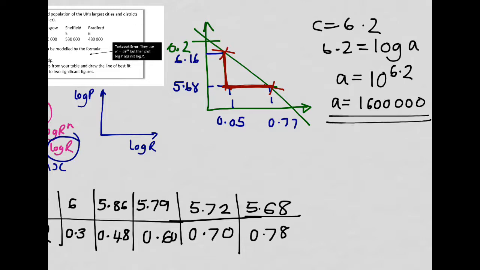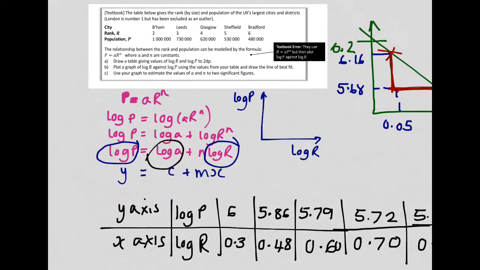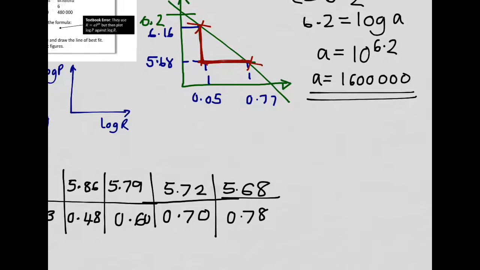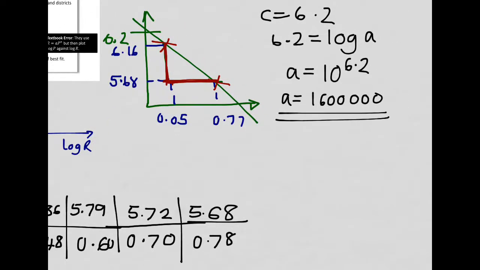We've worked it out. Now we want to go on, and the other thing we need to find is n. And n, if you remember, here's where n is there. n is our gradient. So to find the gradient, which remember is equal to n, we're going to do change in y over change in x.